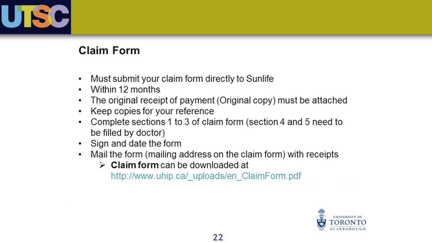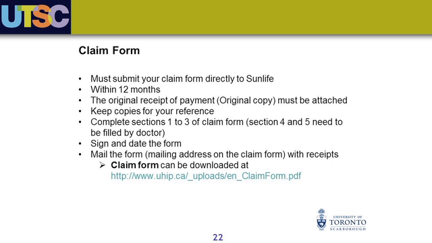The claim process is very simple. You must submit your claim form directly to Sun Life within 12 months of the service, and the original receipt of the payment must be attached to the claim form when you're sending it in to Sun Life. You may also make copies just for your reference, because you'll be sending in the originals.